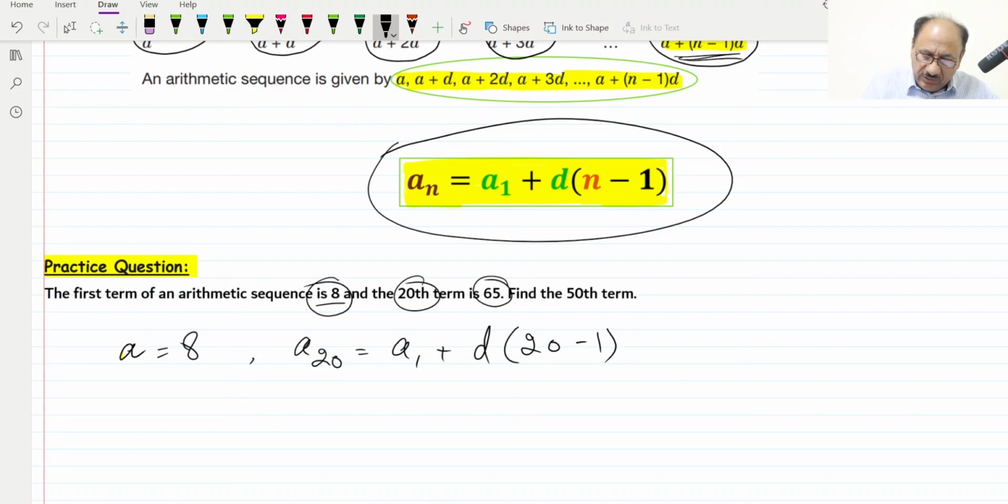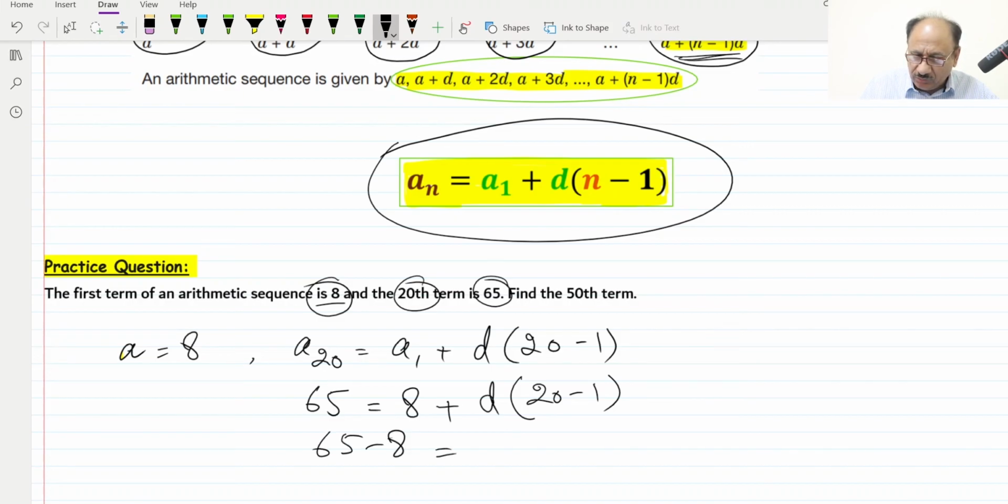The 20th term a20 is 65, so we can replace it here. 65 is equal to a1, the first term which is provided, so we write 8, plus the difference, which is to be found, into 20 minus 1. So we can shift 8 to this side: 65 minus 8 will be equal to 19 into d.